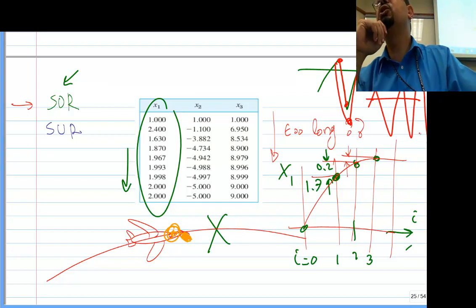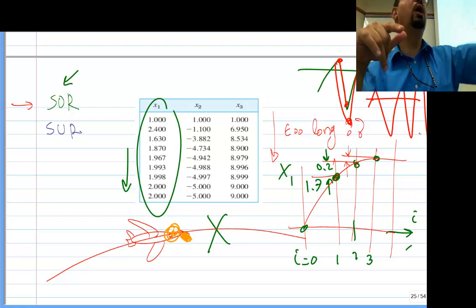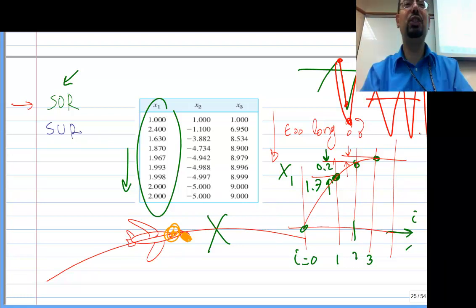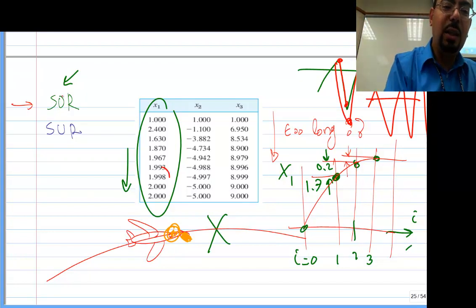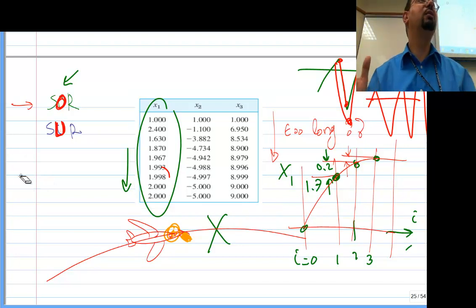So what would help in a situation like this? Plotting it, graphing? No. Go under it. Rather than successive over relaxation, undershoot. This is successive under relaxation, and the factor that we multiply the progress with is actually less than 1.